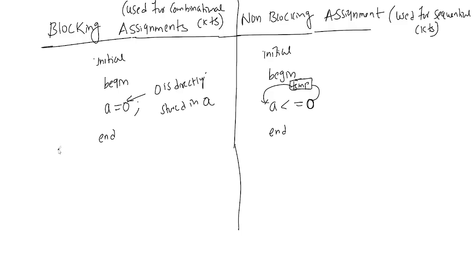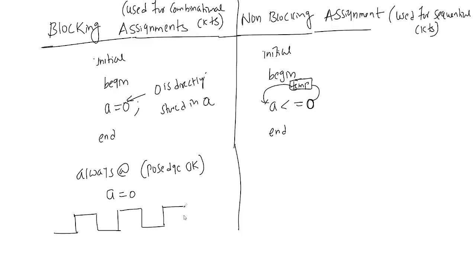If you are using always at the rate posedge clock, and here a equal to 0, then during this posedge of clock, the value 0 will be directly stored in a.